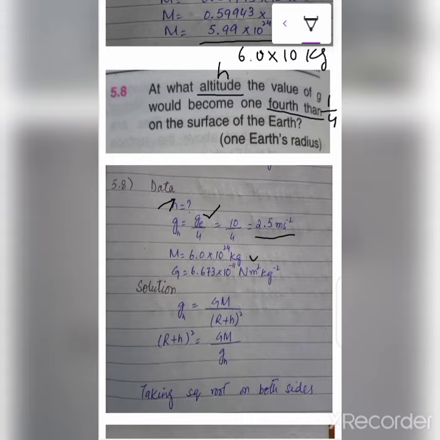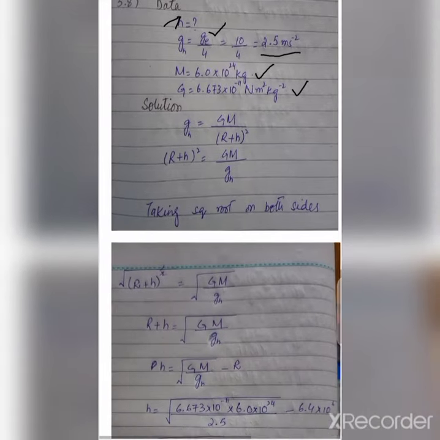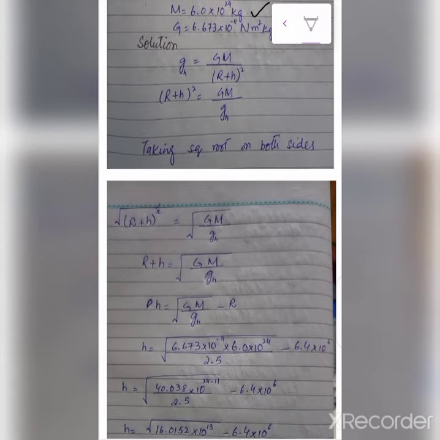Mass of earth and gravitational constant. Write the formula here. gh equals to GM divided by R plus H whole square. As you have to find out just H, so you have to separate its part first. R plus H taken on the left side, gh will be divided. Here square is here, so first of all you have to change this square into the unit exponent.